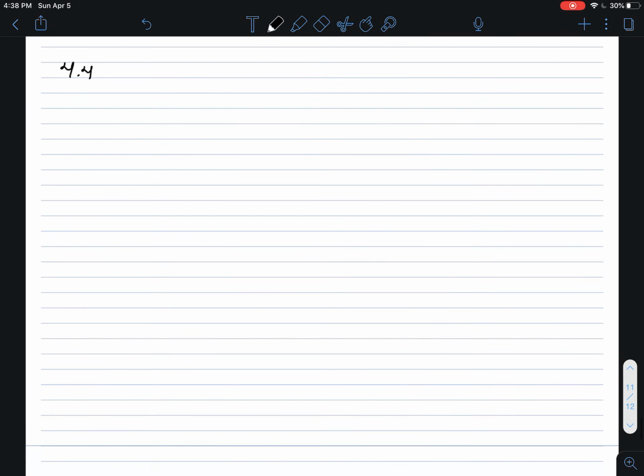Okay, so like I said, this is section 4.4, and it is called optimization.